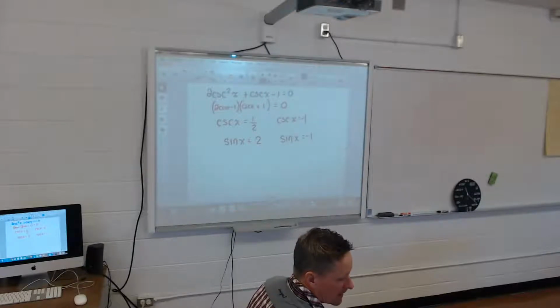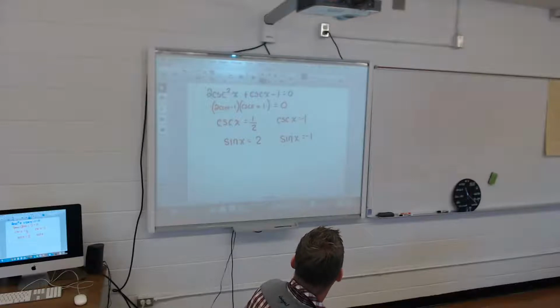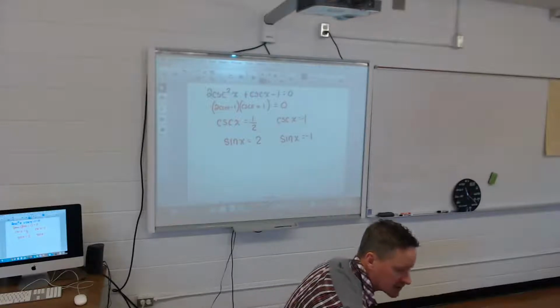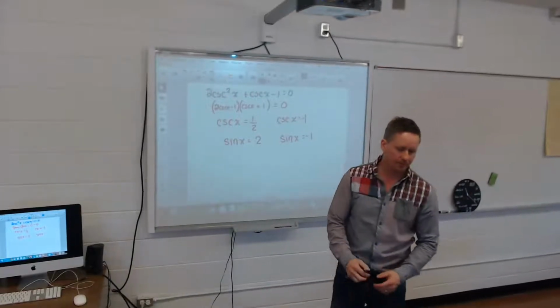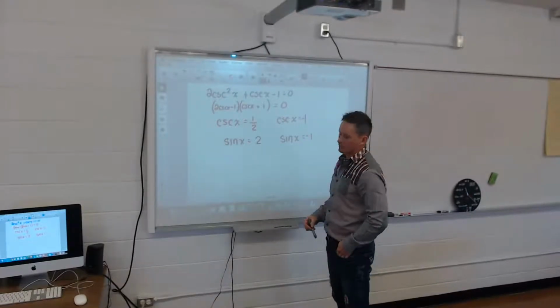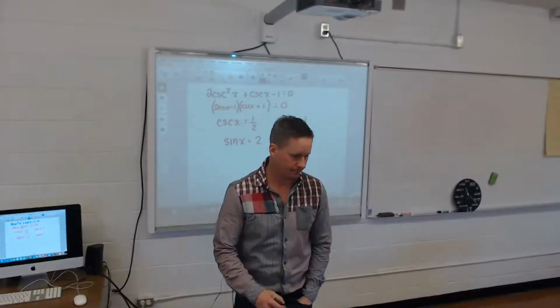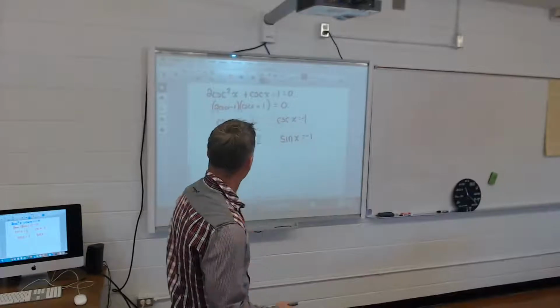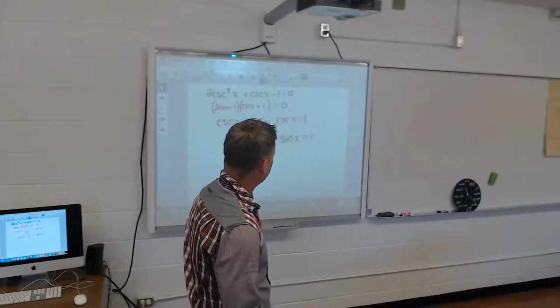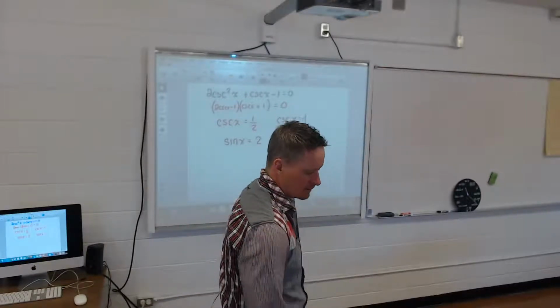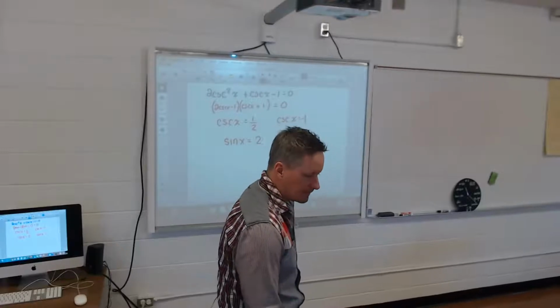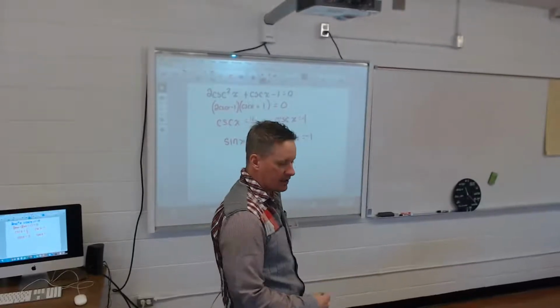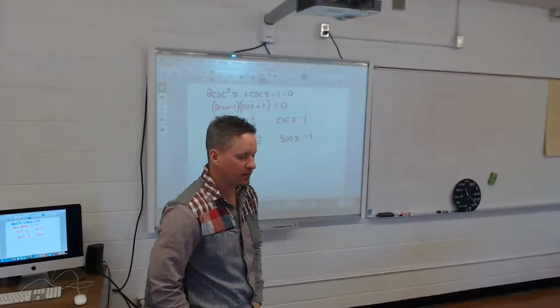So 1 over sine x equals 1/2, therefore sine x equals 2. Sine x equals -1. So where in the unit circle does sine x equal 2? Isn't that the cosecant x is equal to -1? Yeah, 1 over -1 is still -1. Right. Okay, so back to my question. Where in the unit circle is sine x equal to 2?